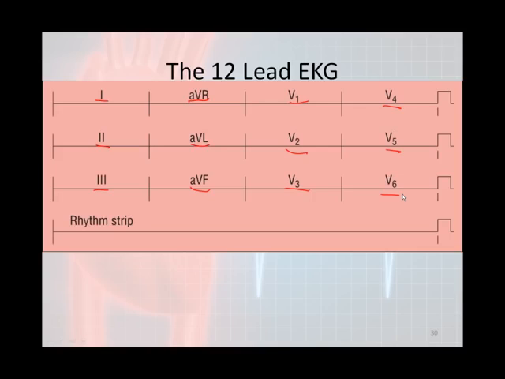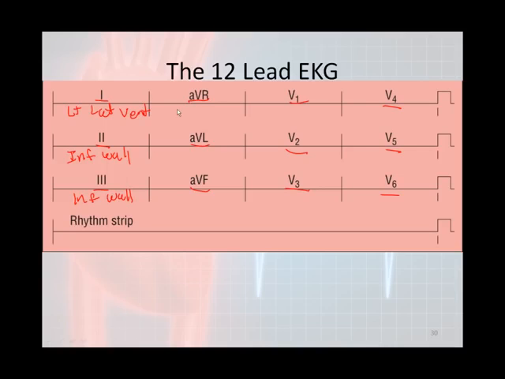So if you remember back on the picture whenever I was showing you what we were looking at, lead 1 actually looks at the left lateral ventricle. Lead 2 looks at the inferior wall. Lead 3 looks at the inferior wall.